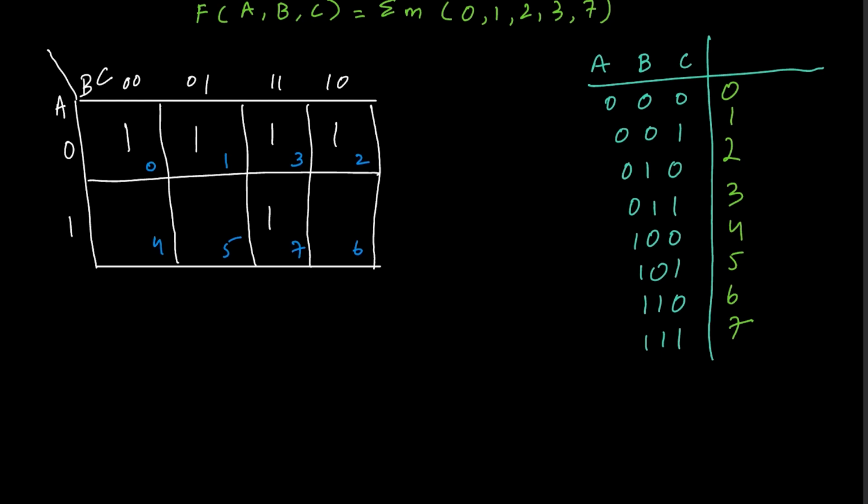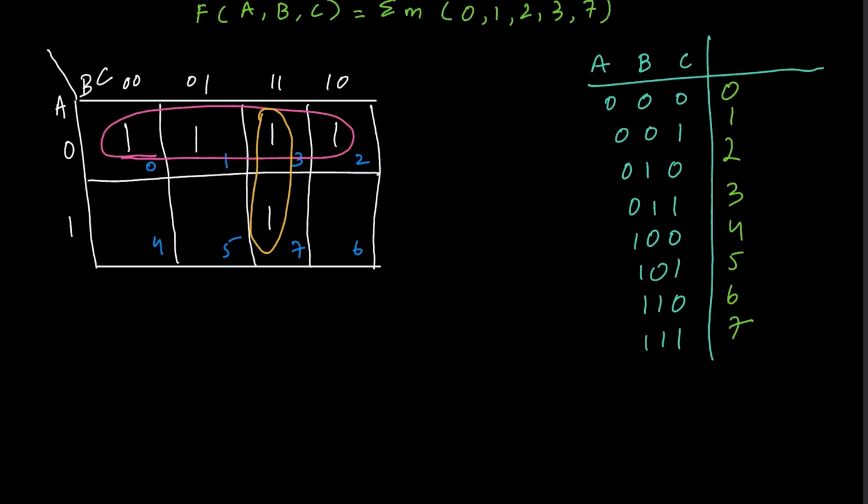Groups can be created of two or four, not by three or five. First group that we can create is this one. Other one is from 3 and 7. So two groups have been created.